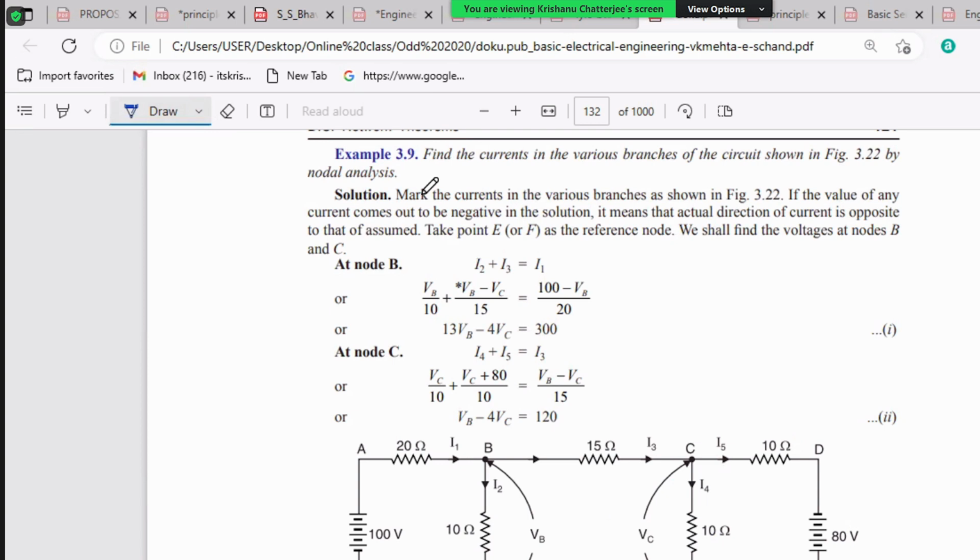You can find currents by any method, but if it is mentioned, you obviously have to follow that one. Keep it in mind. So again we see over here A, B, C, D, E, F. There are 6 nodes. Out of the 6 nodes, what are reference nodes or nodes?